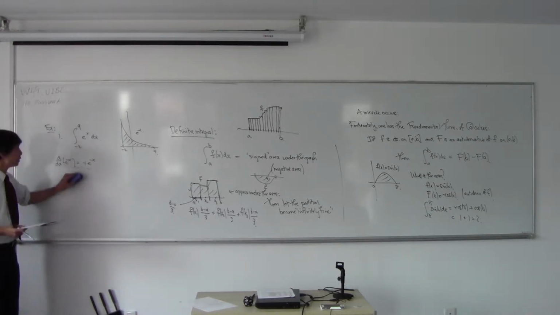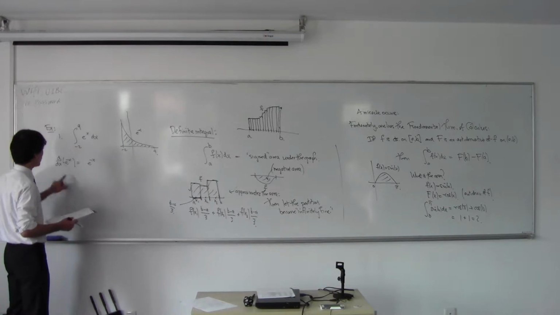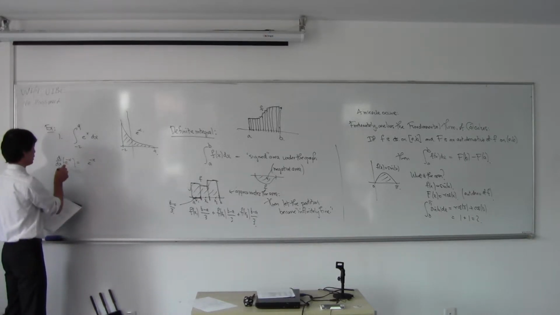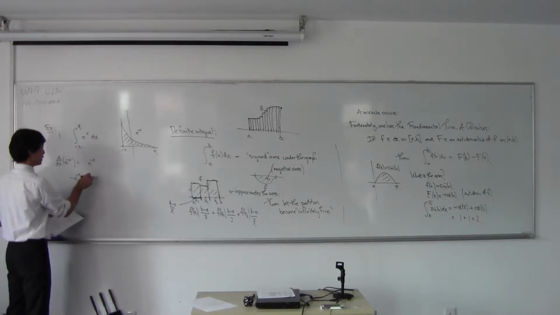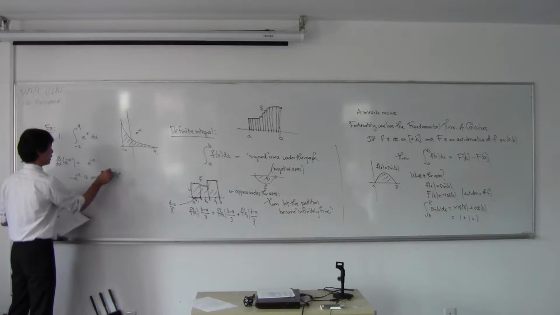The derivative of -1 times this is going to be -1 times the derivative of the previous guy. So that gives it to you. So negative e to the negative x is an antiderivative of e to the minus x.